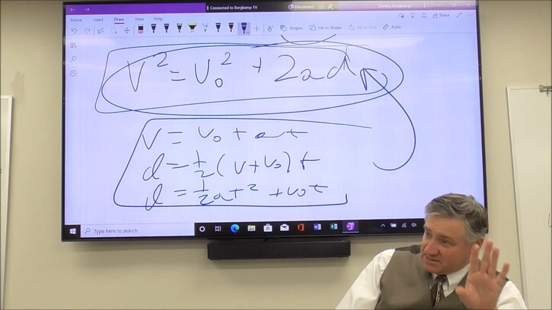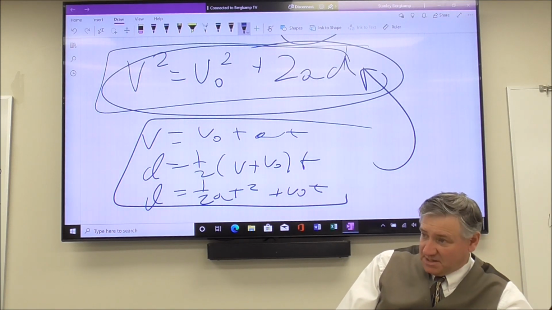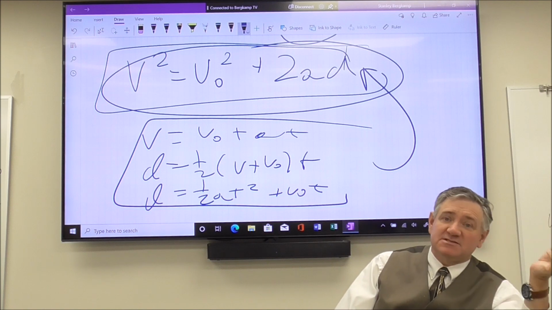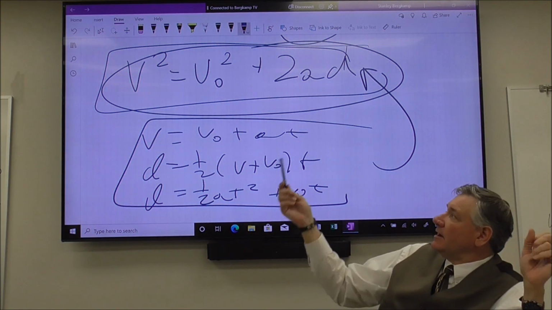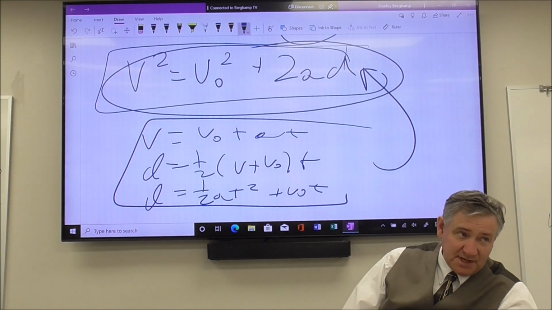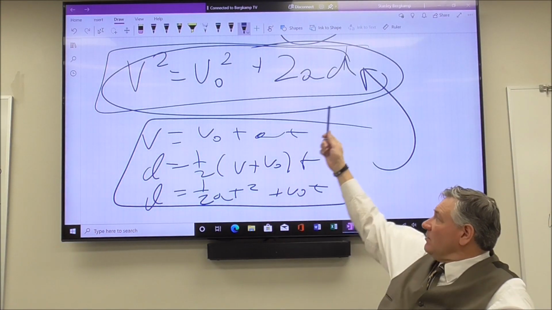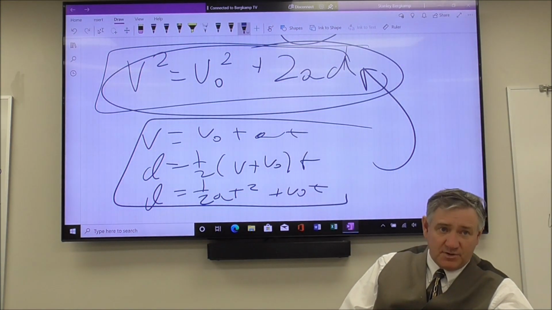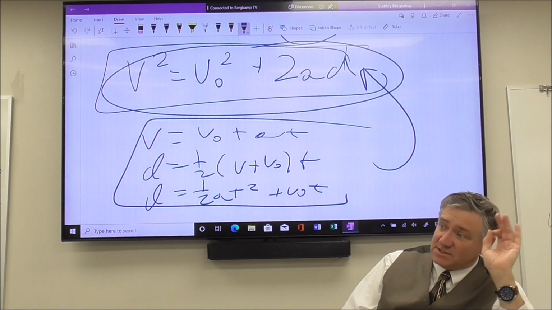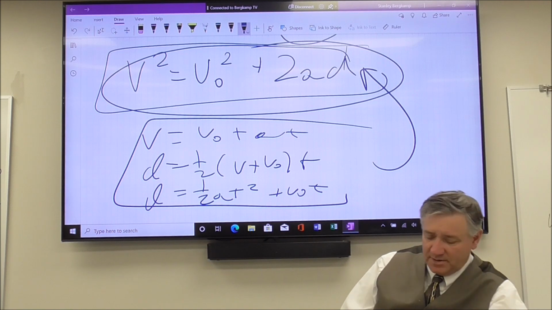Okay? And it comes from the conservation of energy. For now, just accept it. So there's a couple of things that are unique about that equation. That's why it's called that equation. It's the only one that doesn't involve time. It's also the only one that has velocities that are squared. Okay? That's the other thing that's important. This is the only one that has velocities that are squared.